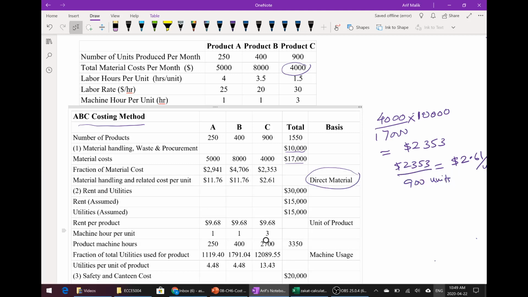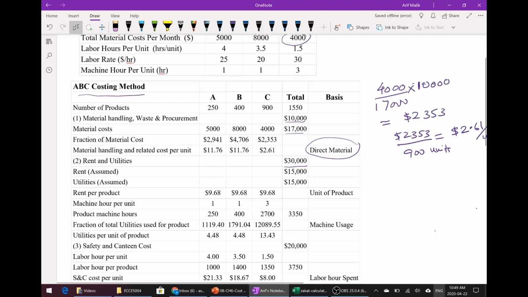Now let's look at rent. There are rent and utilities, together 30,000. It's not given how much is rent and how much is utilities, so we are assuming half and half: rent is 15,000 and utilities is 15,000. For assigning rent, the basis is the number of units of products.